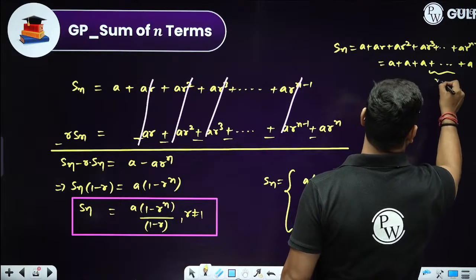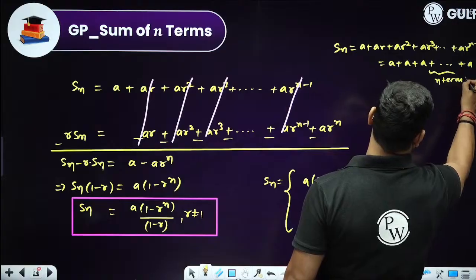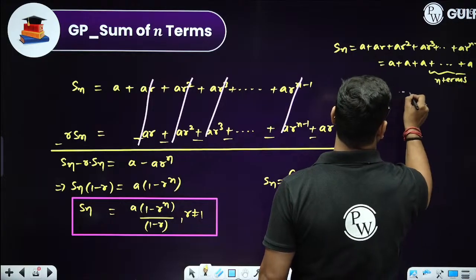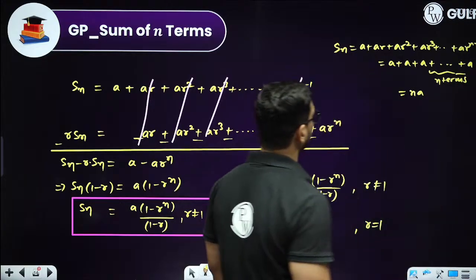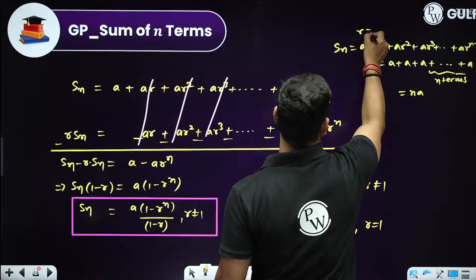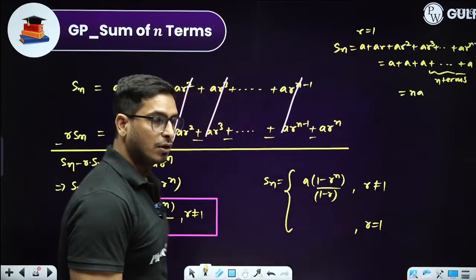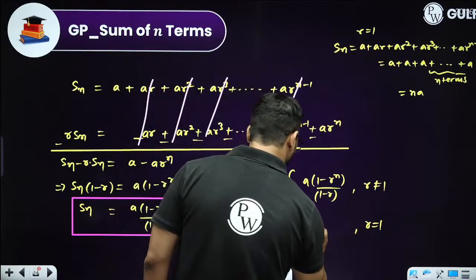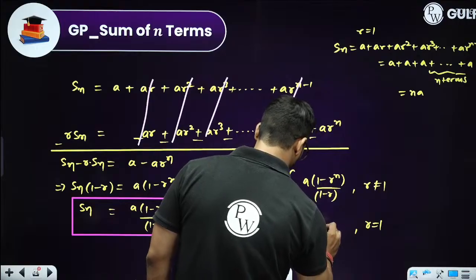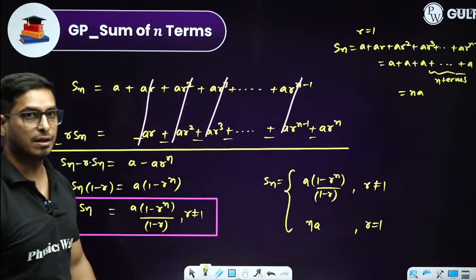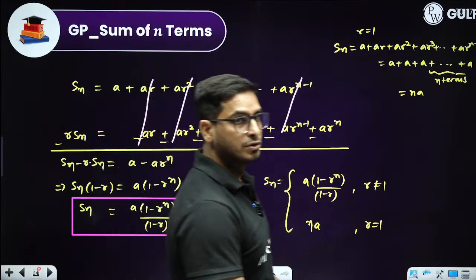These are n terms. So should I write NA when R equals to 1? This should be NA. So this is the sum of GP.